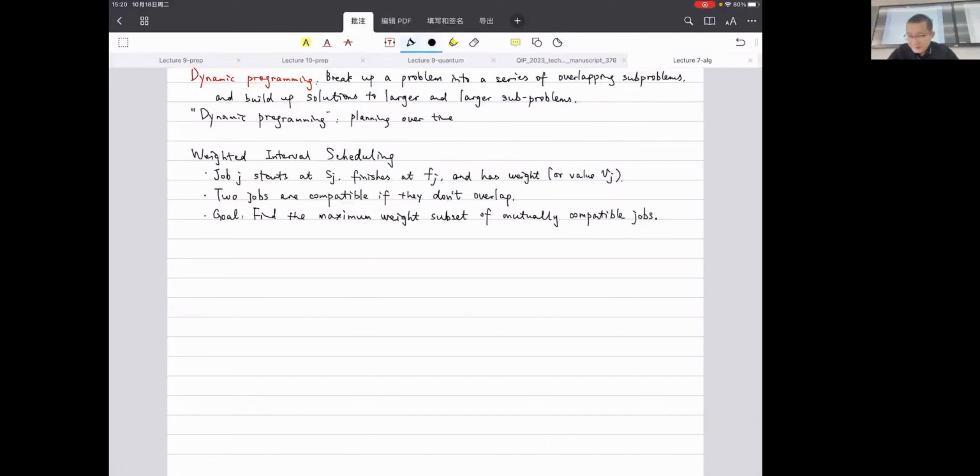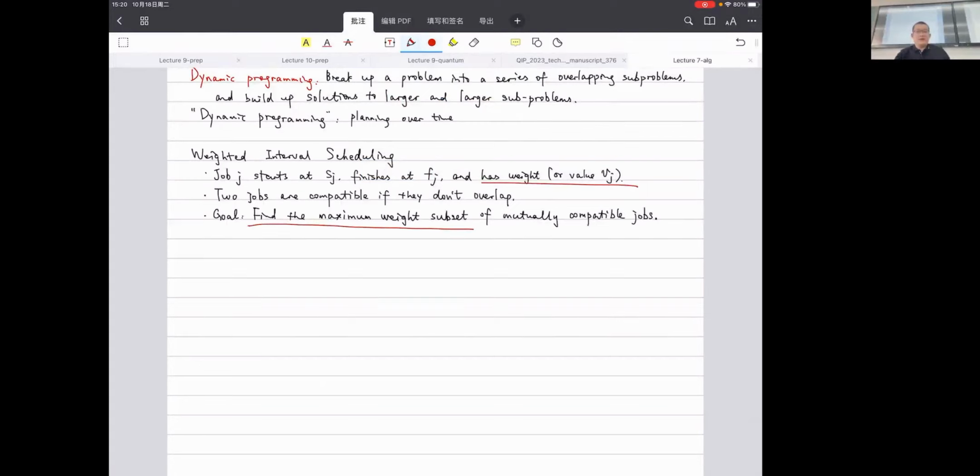You can probably see the main difference. For the unweighted interval scheduling problem, we don't have the weight here, or you can say that all the intervals have weight one. That is basically an equivalent way to say this. In general, we want to find the maximum weight subset.